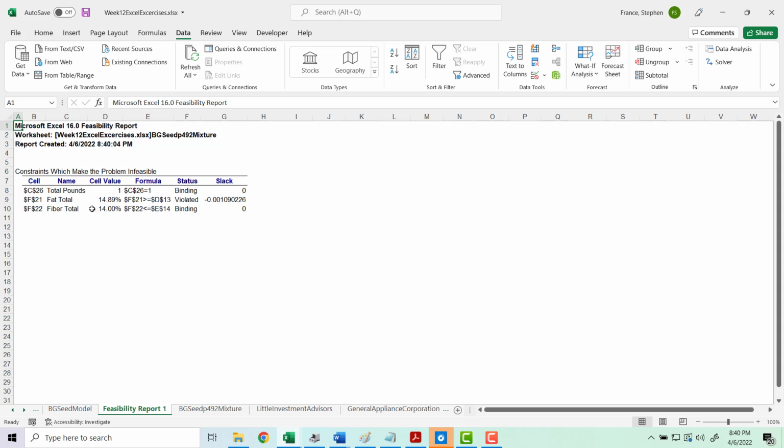You can see that we're violating the fat constraint, but the fiber constraint is also bound. That's the issue here, that they're operating against each other. We've reached the fiber total of 14, and if we do, we get a violated fat constraint.